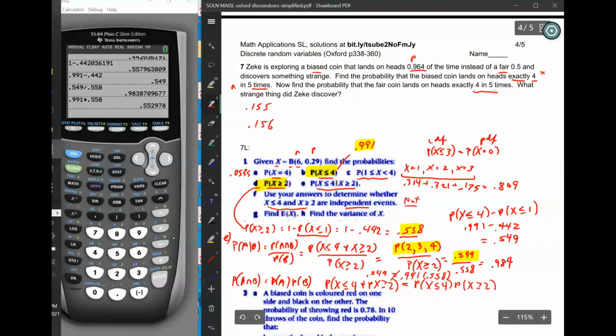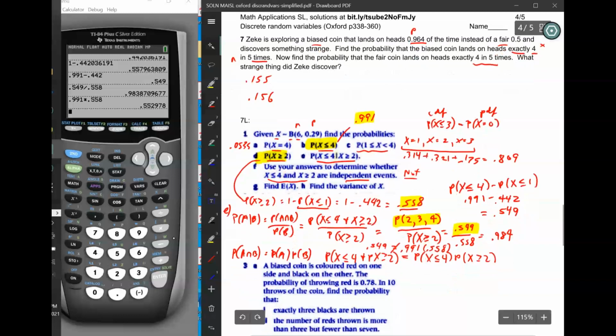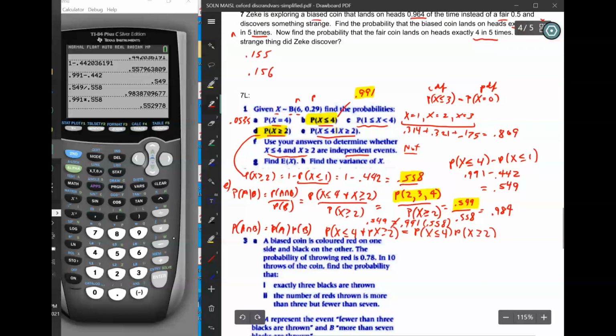Okay. G, find the expected value of x and find the variance of x. Okay, so these are some of the easiest kind of problems as long as you recognize what kind of problem it is. If you look at the formula sheet for part G, there is a formula which is that the expected value of x is equal to NP.